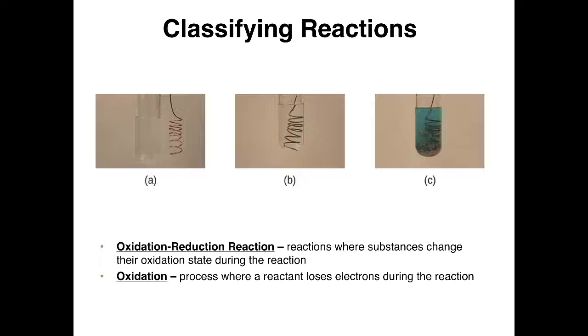Think LEO, L-E-O, which stands for loses electrons, is oxidized. Reduction occurs when the reactant gains electrons. Think GER, G-E-R. The mnemonic is LEO says GER. GER stands for gains electrons, reduction.